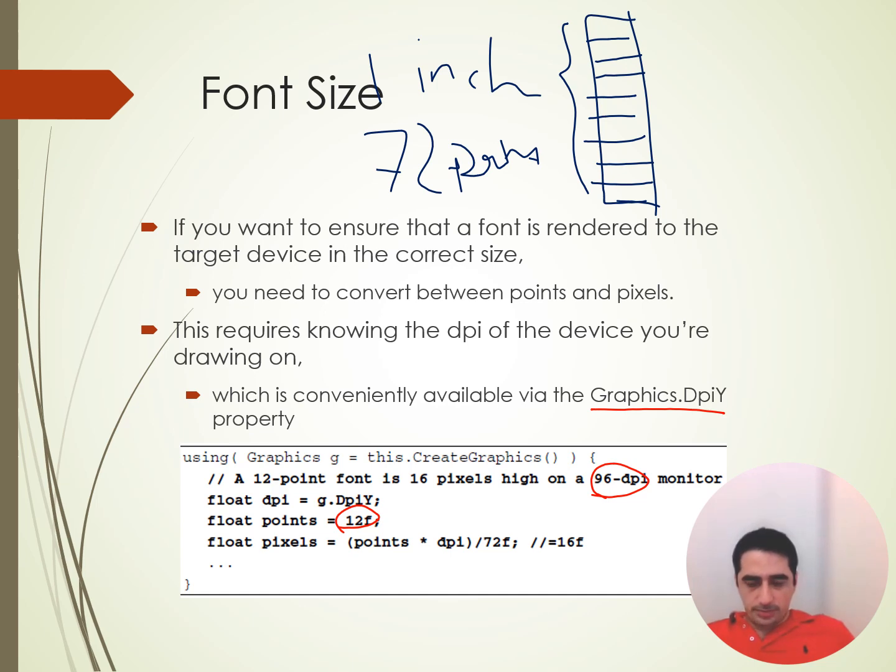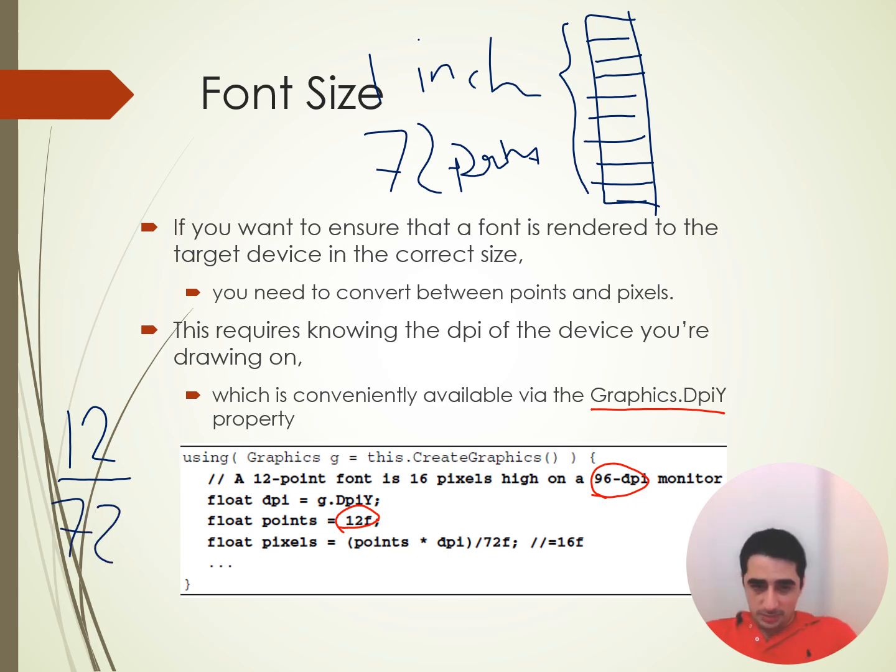Now, using DpiY and the size in points, we want to find out how high a character is in a font with size 12 points. We want to know how many pixels high a single character is in this setting. We first convert points, which is 12, to inches by dividing by 72.